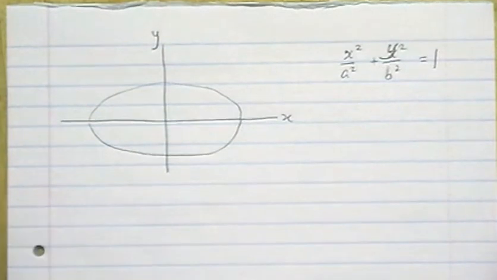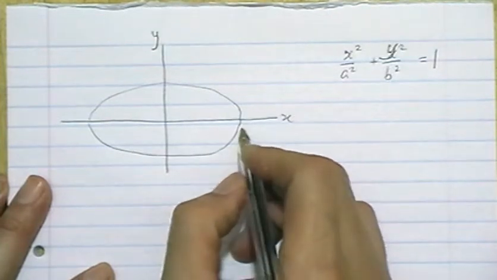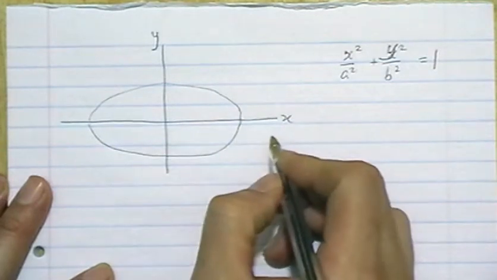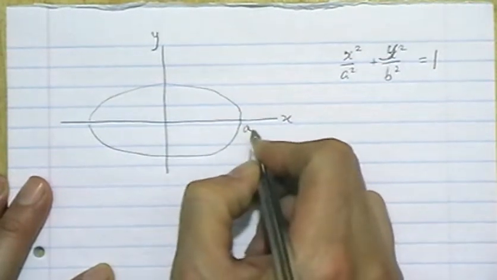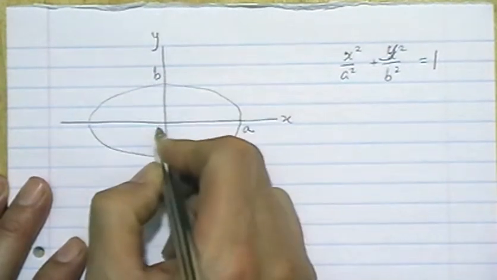It would look like an ellipse with the curve crossing the x-axis at A and the y-axis at B.